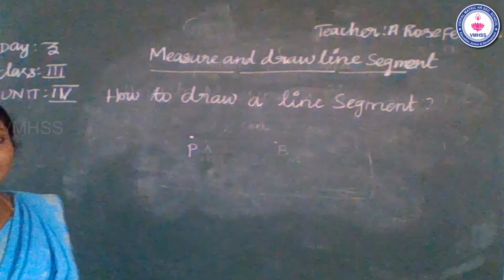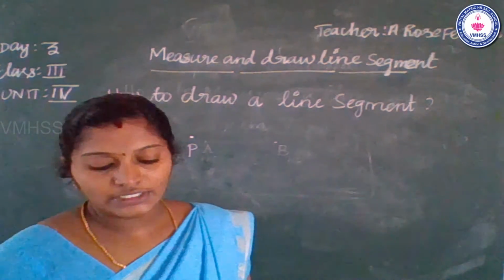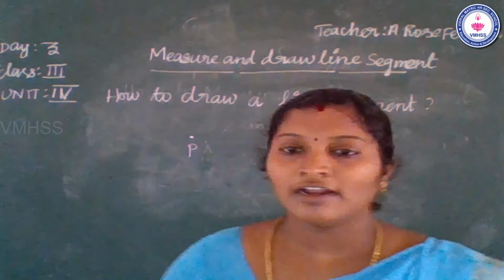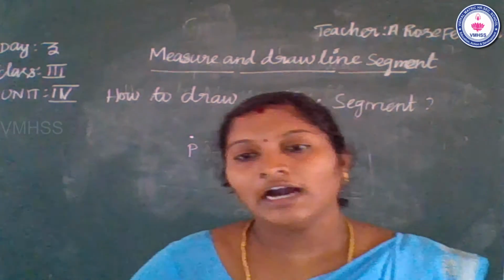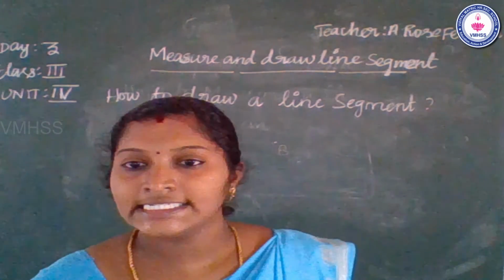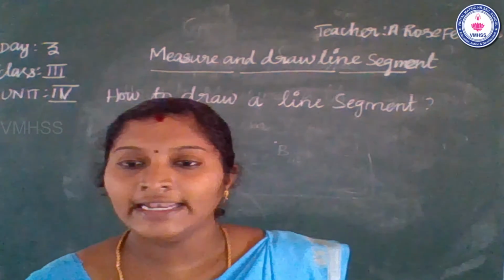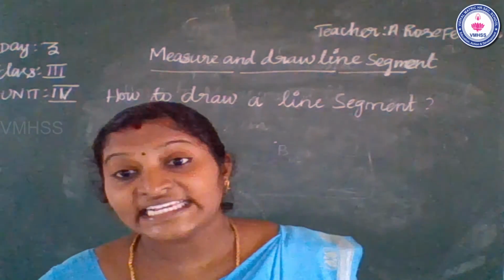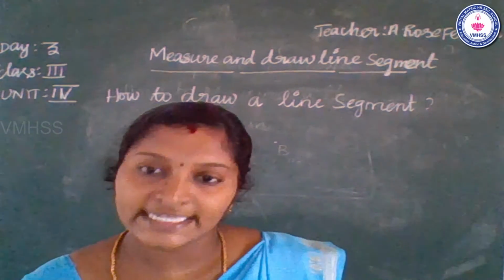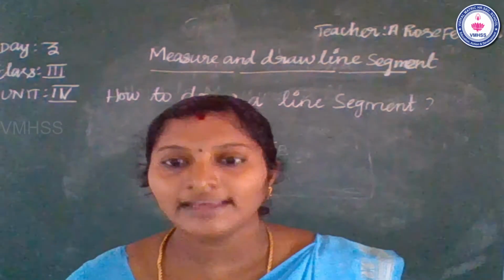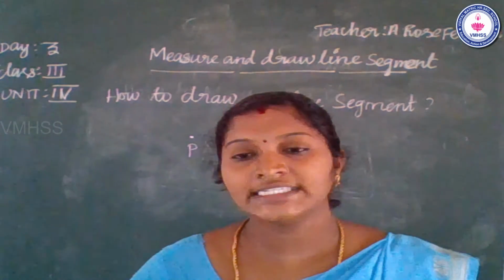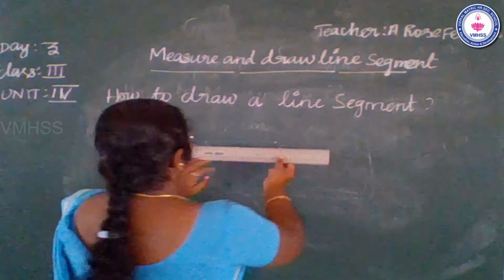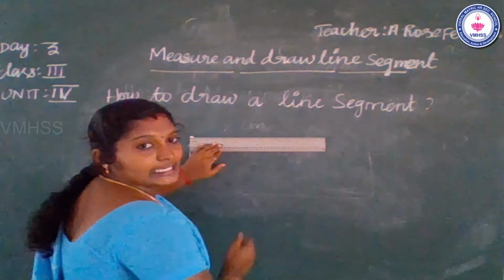Okay, ma. So what is the second point? Count 6 centimeter on a ruler. Mark a point at 6 centimeter and name the point Q. Okay.